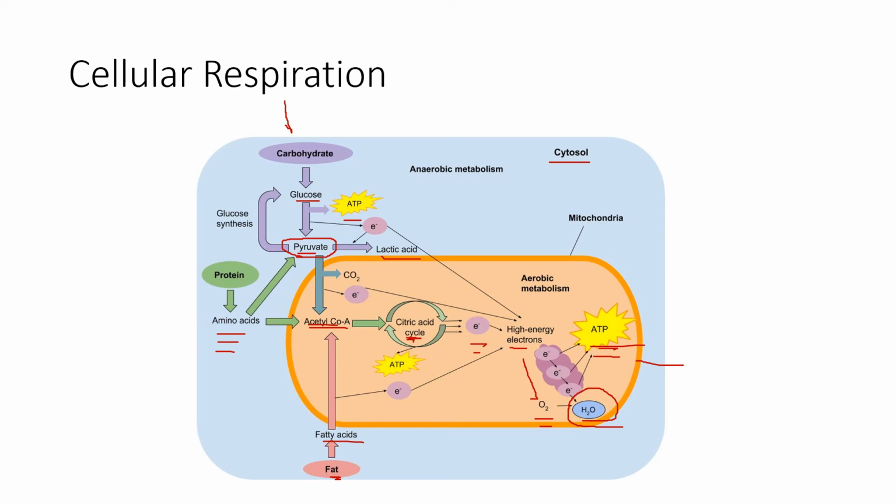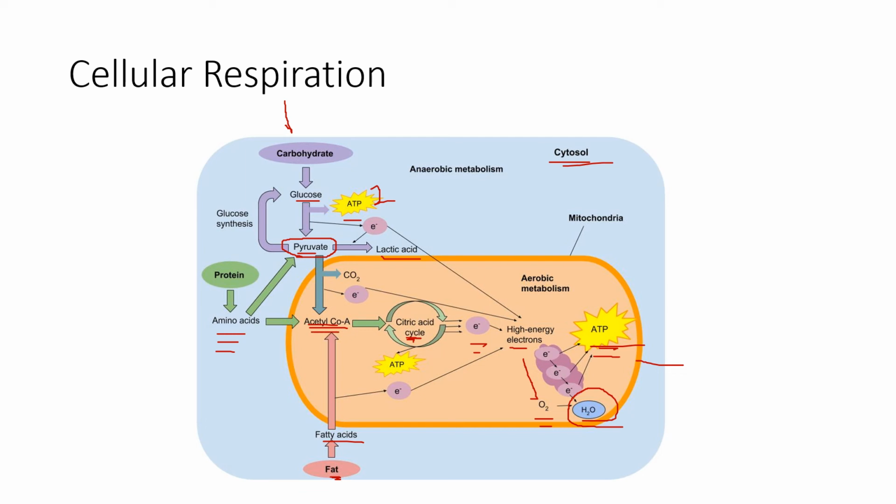So just to review, in the cytosol, we have a process called glycolysis, and glucose gets converted to pyruvate, and you get only 2 ATP out of that. Pyruvate can then, in the presence of oxygen, go into the mitochondria and form acetyl-CoA, which goes through the citric acid cycle.